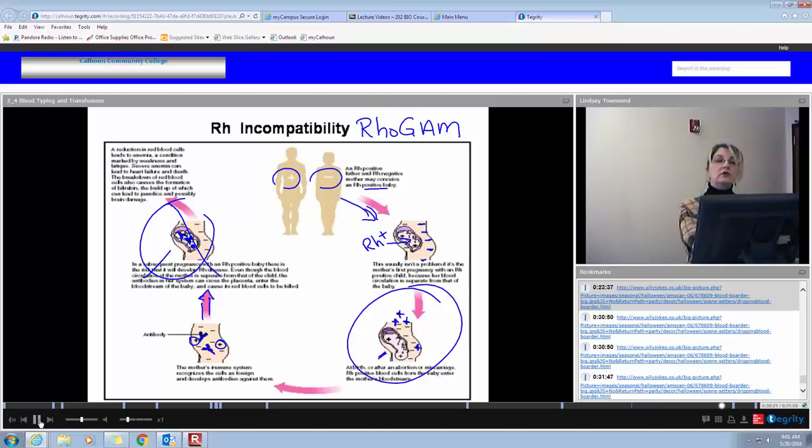RhoGAM is a serum that contains Rh antibodies. So those Rh antibodies are going to bind these Rh positive cells and go ahead and mark them for agglutination while there's just a few in the bloodstream. Go ahead and mark them, get rid of them, get them destroyed, so that mom's immune system never has time to recognize them and therefore never build up any antibodies against those.